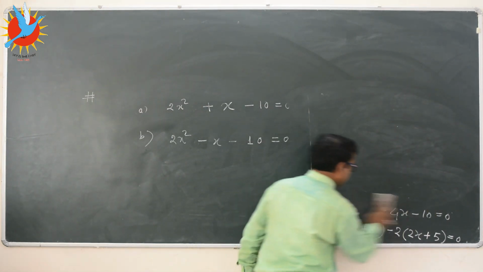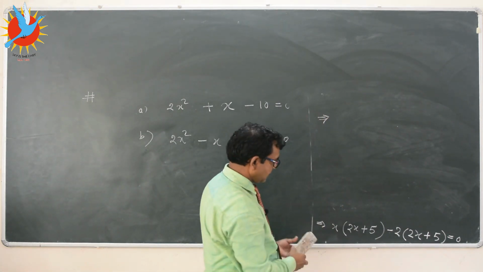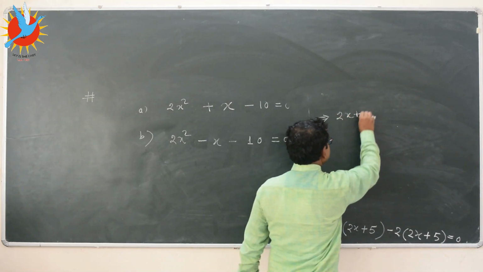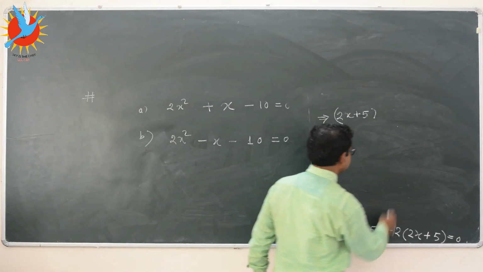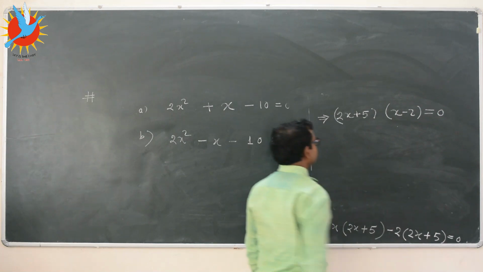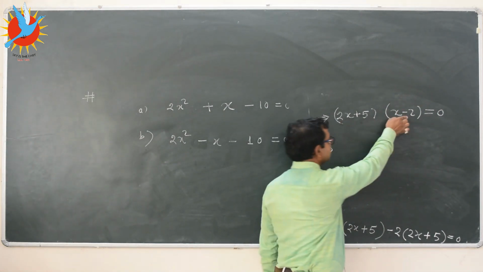Now this implies that 2x plus 5 is common, and x minus 2 is another factor, equal to 0. Now this implies that either this is 0 or this is 0.